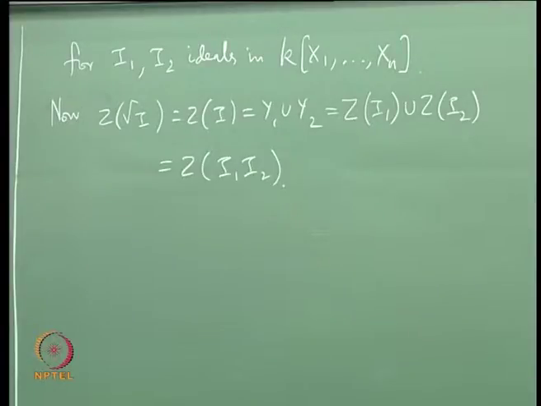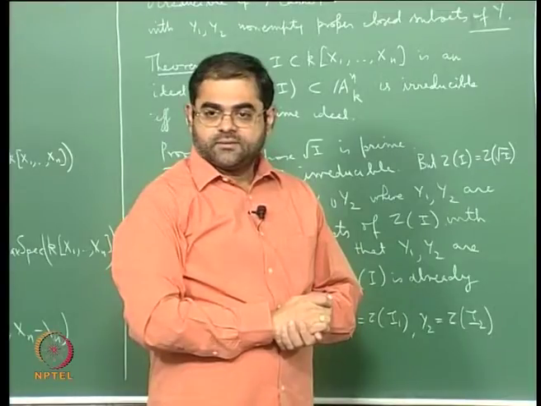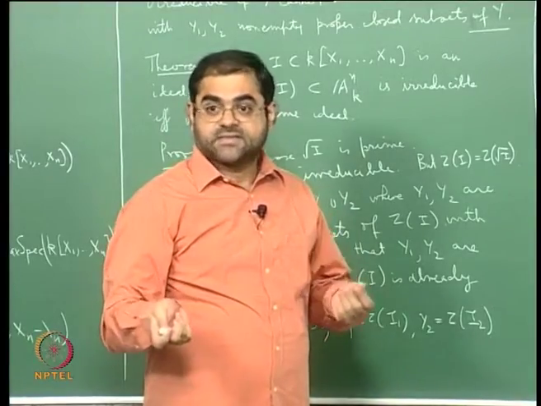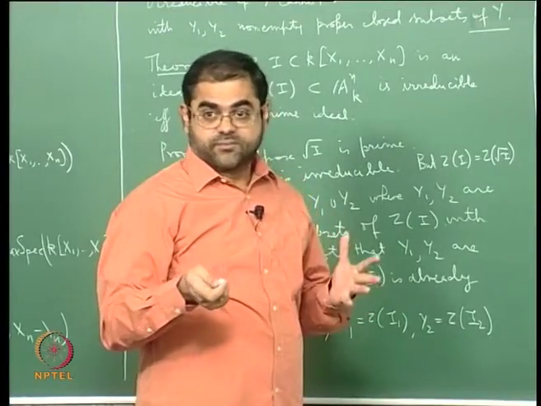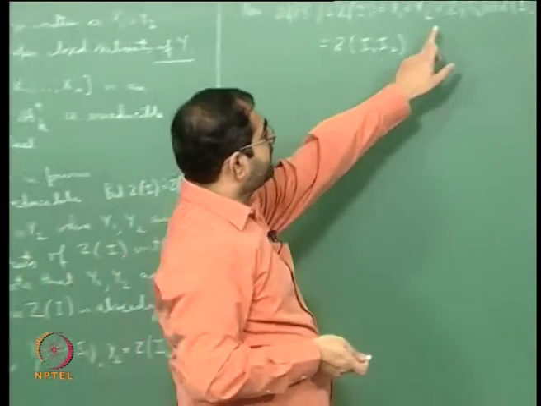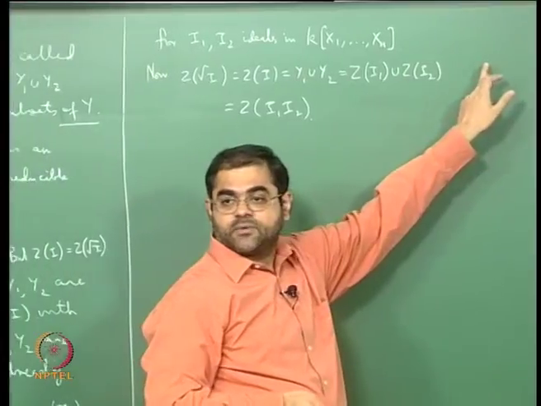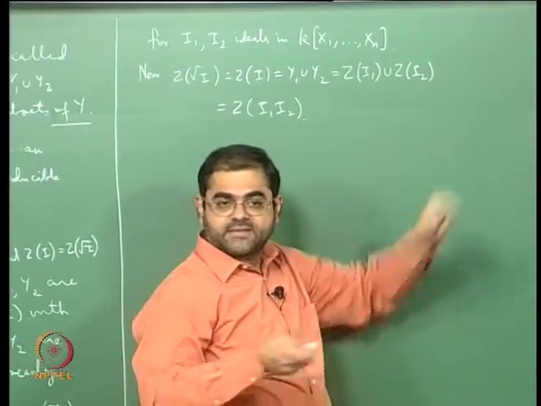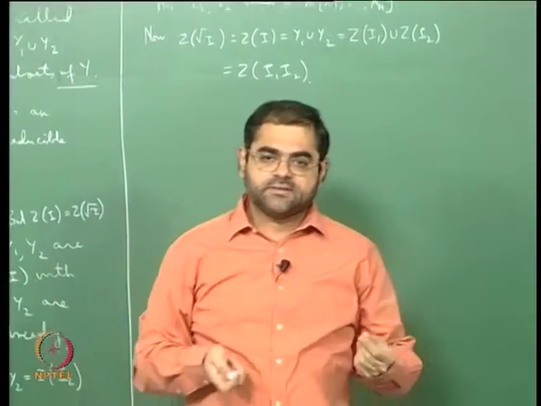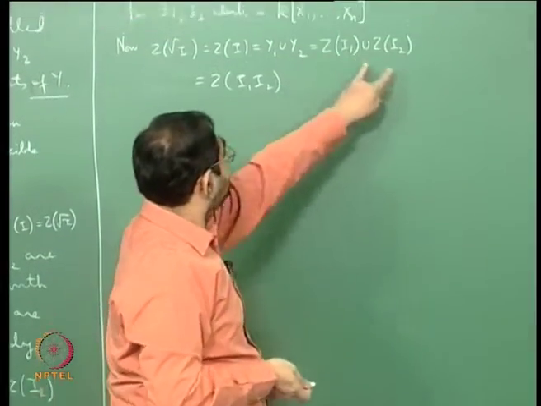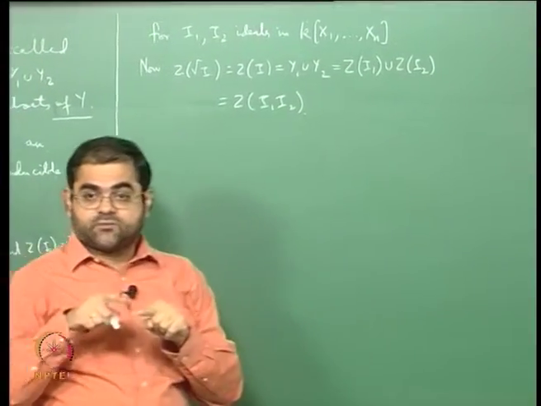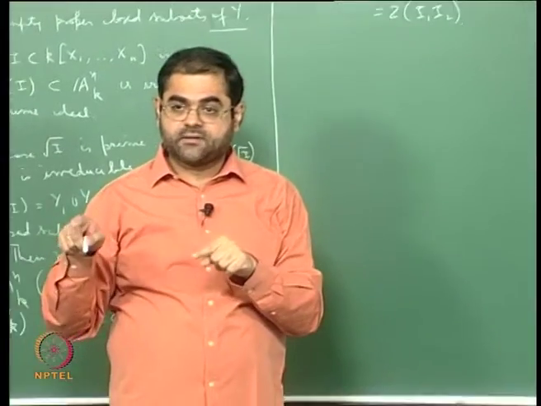because this is how we proved that sets of the form Z(I) form a topology by declaring such subsets as closed subsets. In fact, what we proved is if you took Z(S1) union Z(S2) union etc. up to Z(Sm), where the Si's are subsets, not even ideals, then the union is just Z of the product S1 times S2 times etc. Sm.